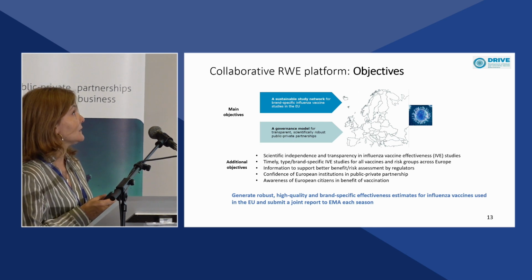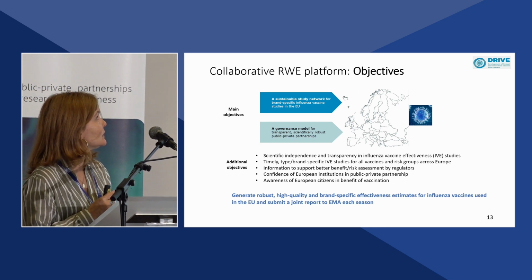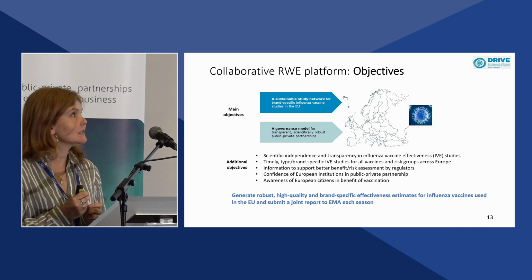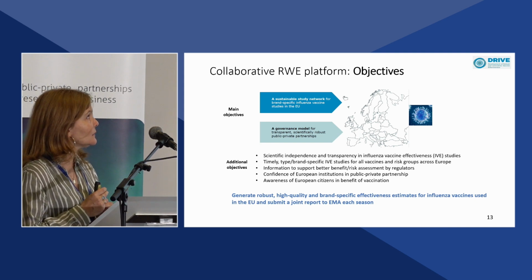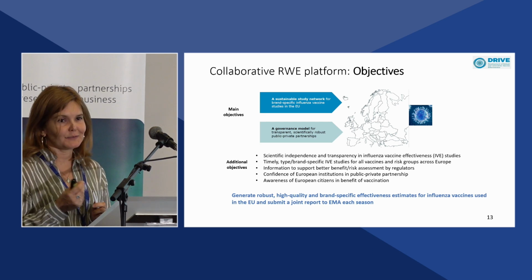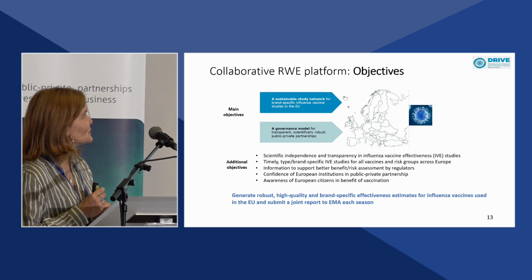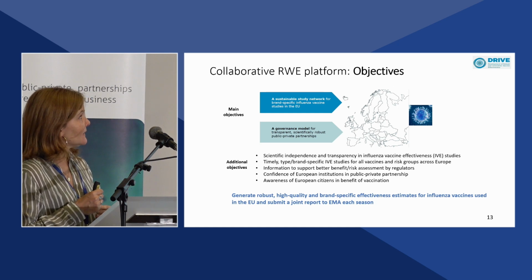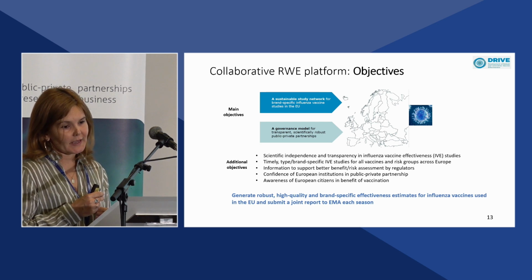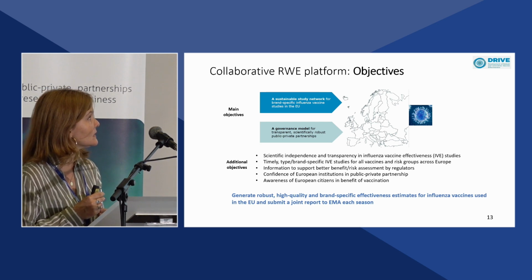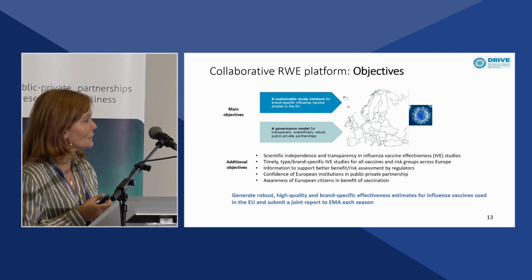So just briefly, the objective of this project was to really first set up a sustainable study network for brand-specific influenza vaccine studies in Europe. And as we previously tackled, to really also find a governance model that allows public and private partners to work together and to have transparent and trusted results coming out from this PPP.